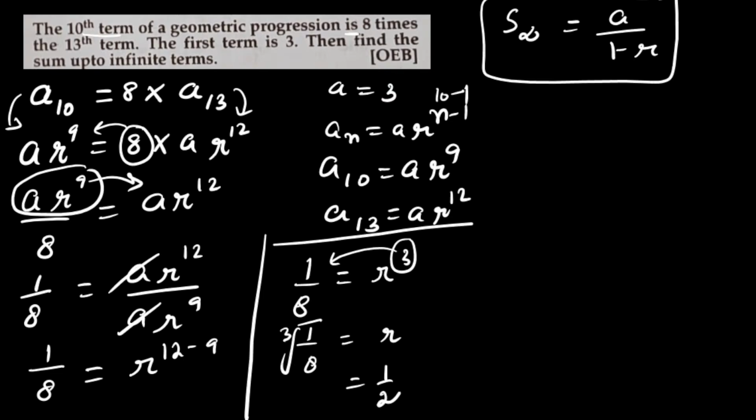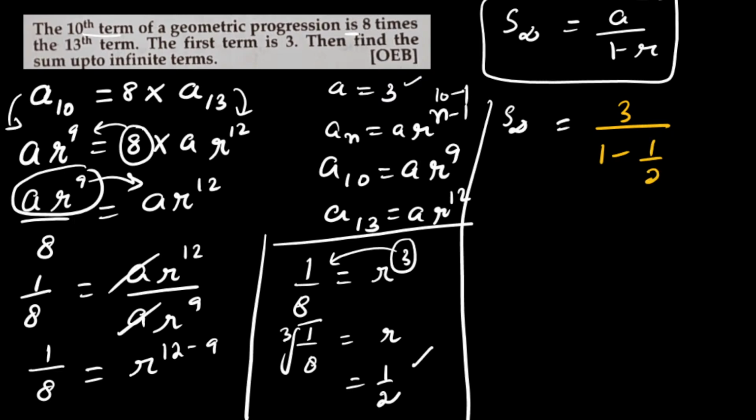Yes, R's value is 1 by 2, and Shreyasi has found the value of S infinite also, 6 only. So let's check. Here I have found the value of R, and A's value is already given to us as 3. Now we can find the sum of infinite terms: 3 by 1 minus 1 by 2.